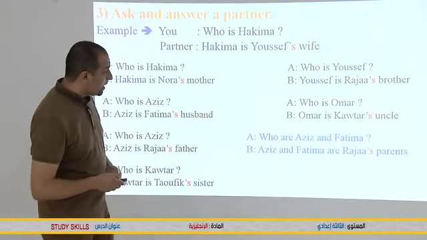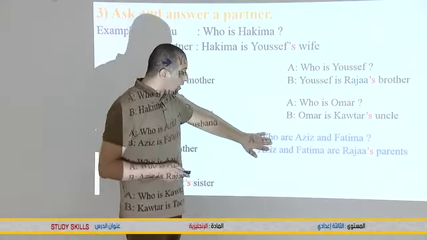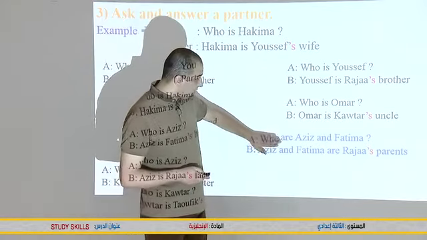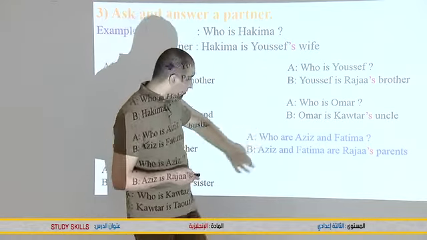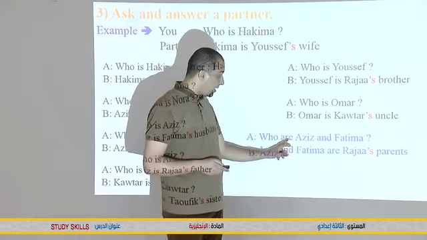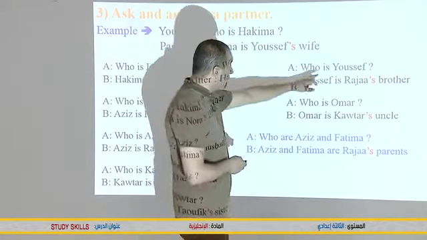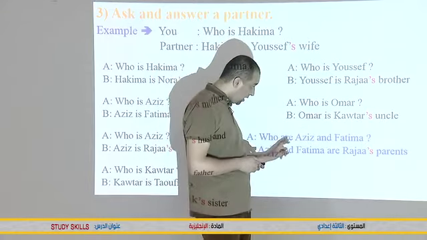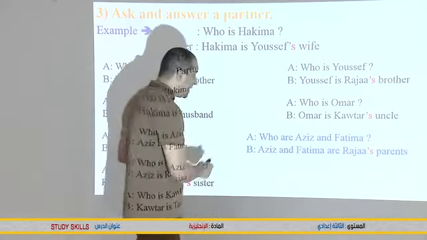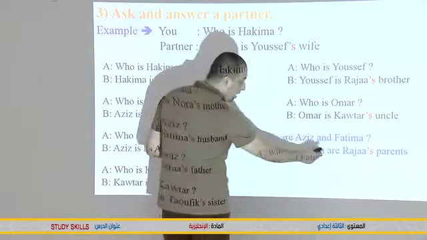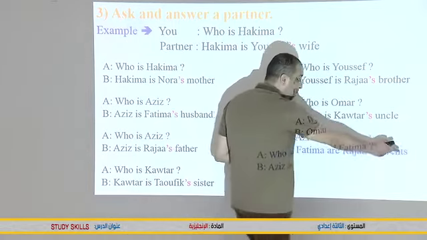Another example. I put this in blue because this question is in the plural. Who are Aziz and Fatima? Not just singular, but plural. Who are Aziz and Fatima? Aziz and Fatima are Raja's parents.